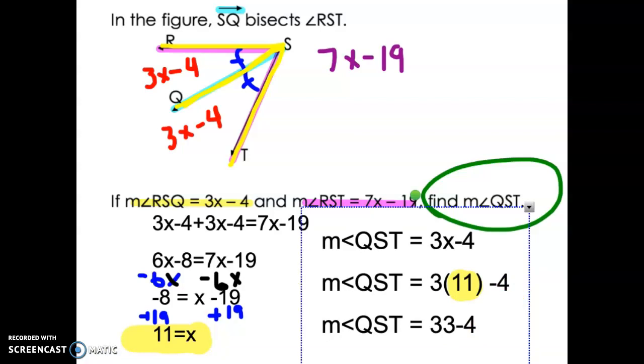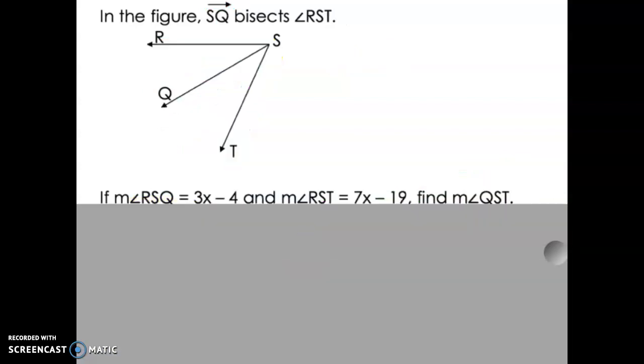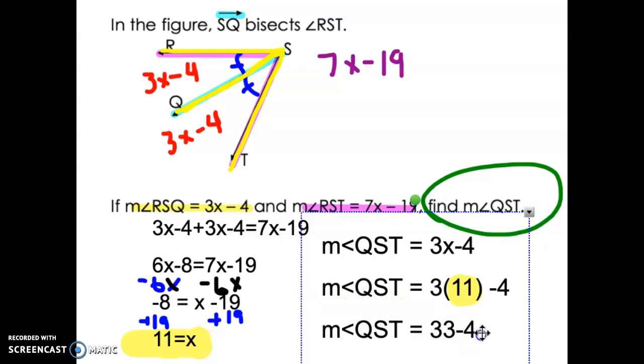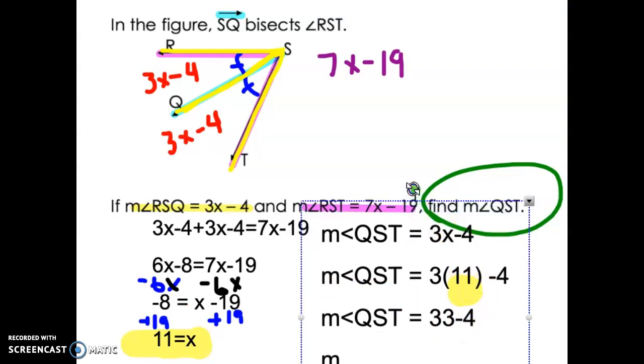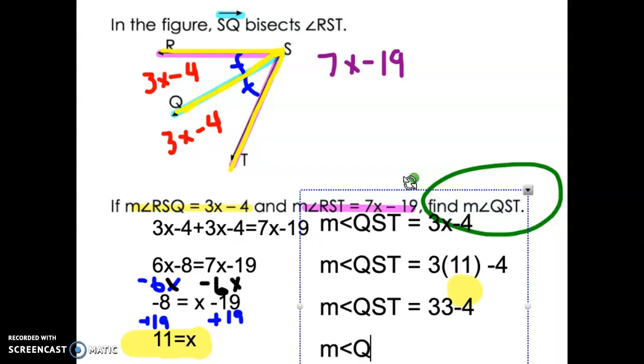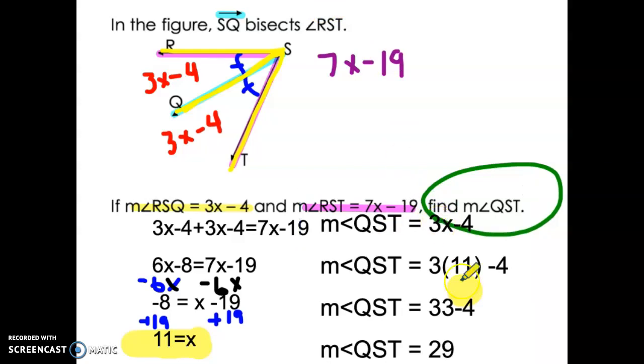And then the final step, we'll see that the measure of angle QST is equal to 29 degrees because 33 minus 4 is 29.